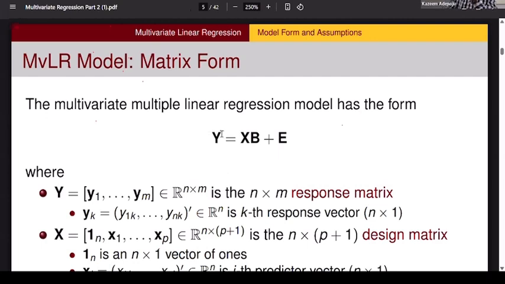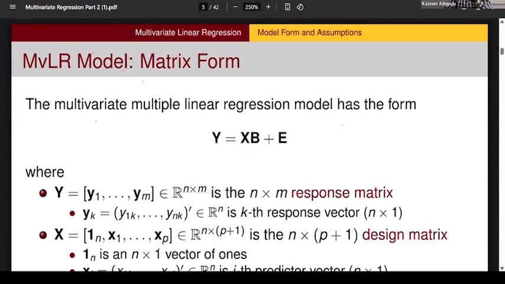You can see an uppercase Y, an uppercase X, and an uppercase B. But when I was dealing with one response variable, I did not write uppercase B, I wrote a lowercase b. And for the error E, I did not write an uppercase E for one dependent variable, but right now I'm writing that.